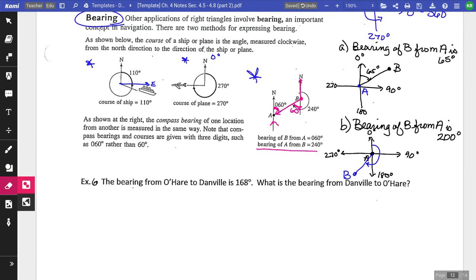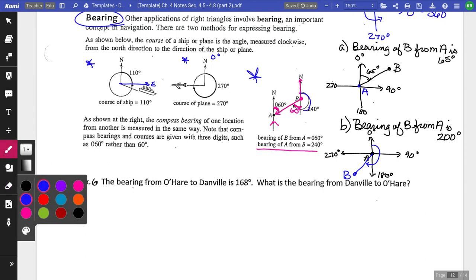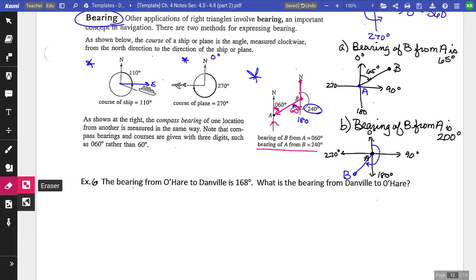So if that's 60, then I can take this whole angle measure then is 180, okay, 180 down to here, and then you add on that 60, and that gives you 240 degrees. Okay, so this is bearing of A from B. So I'm starting at B. You're going to turn 240 degrees, and then that takes you towards point A.